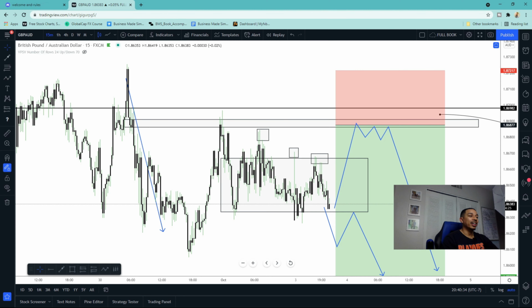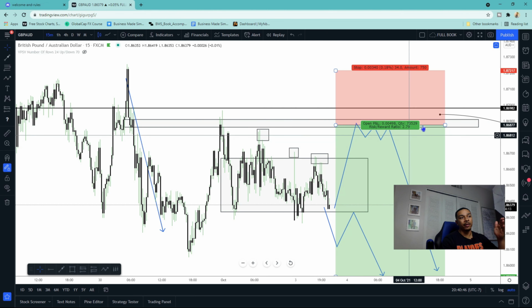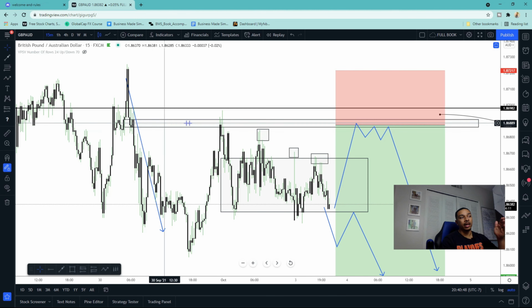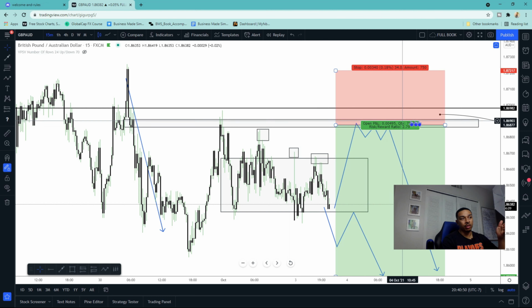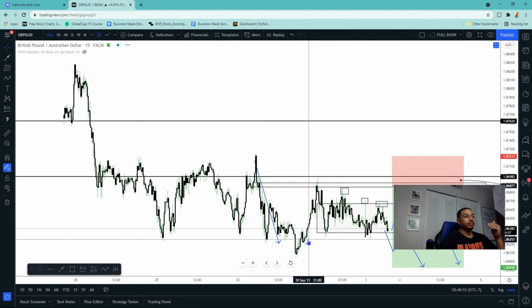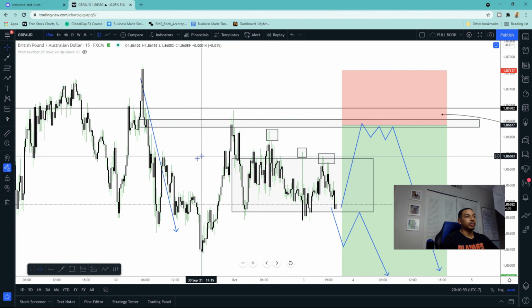It was specifically because I was not patient and I didn't let the market do its thing and put me in a more profitable area of entry, for example, this area right here. So be patient. Be patient.